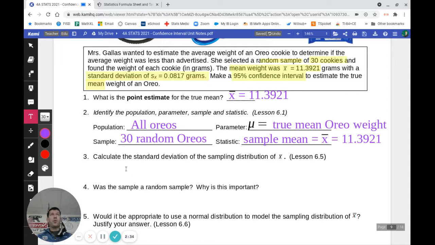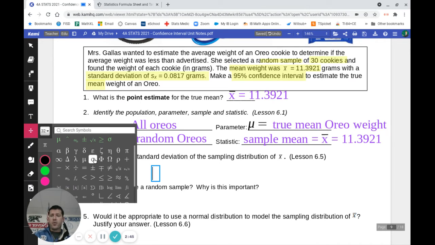All right, so that's what we're looking for. Next, we want to calculate the standard deviation of the sampling distribution, going back to lesson 6.5. Let's get our equation editor. We want to find the standard deviation, with a little subscript of our sample mean.